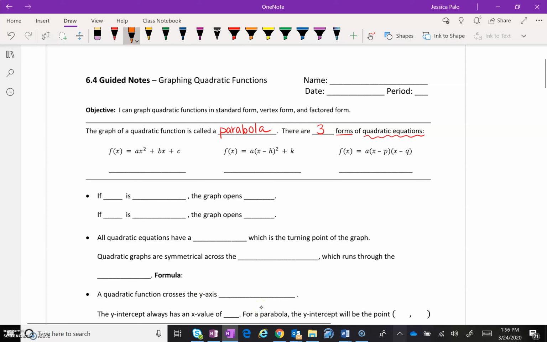This first one is standard form. The second one, this is the new one, is vertex form. And this last one should look familiar, that is factored form.